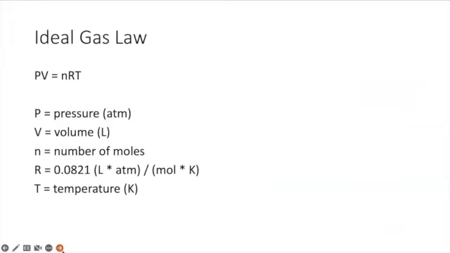So the ideal gas law is not on any AL questions, but I do think it could potentially be on the exam. And so I wanted to give you just one example and introduce it to you. So the ideal gas law is this formula in which you can use pressure, volume, moles, temperature to solve. If you have any of these variables, you can solve for the other. And so it's PV equals nRT, where P is pressure, specifically in the unit atmospheres. V is volume, specifically in the unit liters.